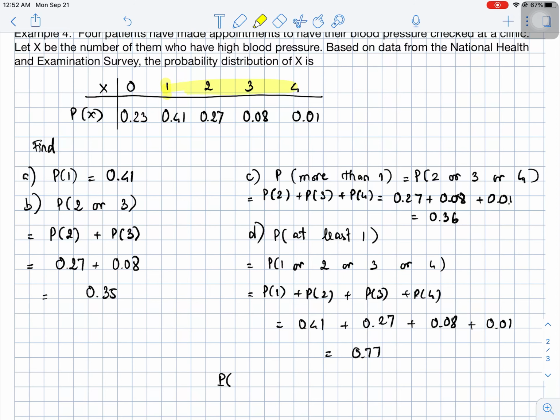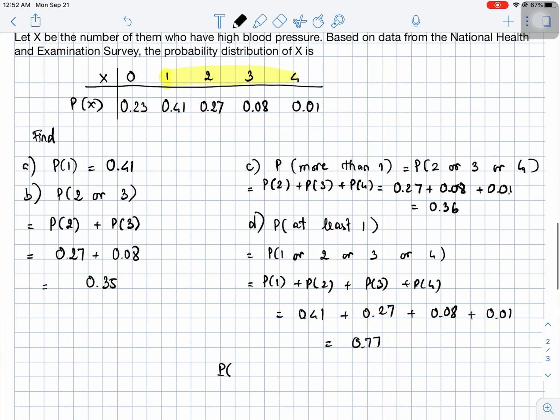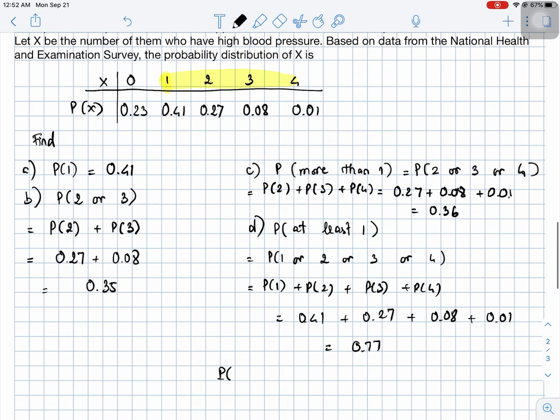So you have 1, 2, 3, and 4. The complement of at least 1 means no one got high blood pressure.